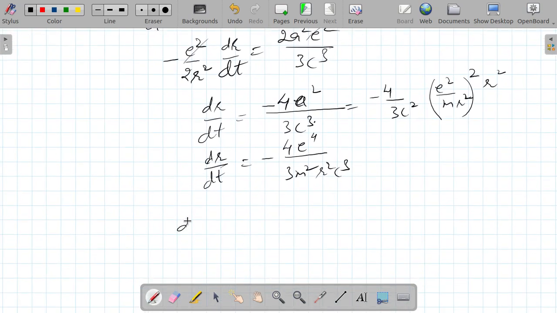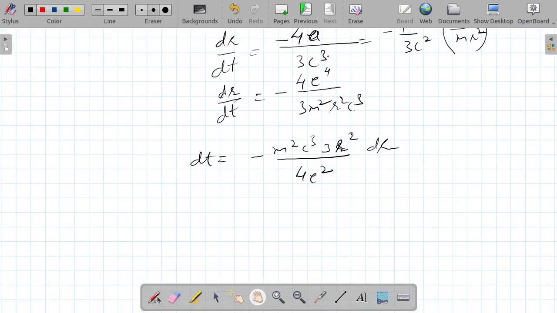So now dt can be written as minus m square c cube, 3r square upon 4e raised to power 4 and dr. So therefore dt is equal to minus m square c cube over 4e raised to power 4 and 3r square.